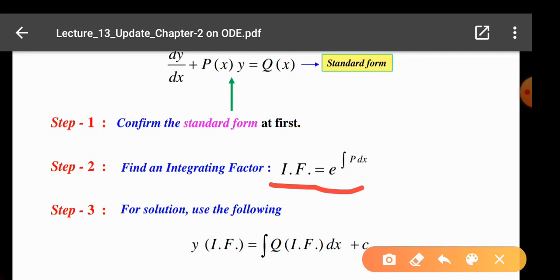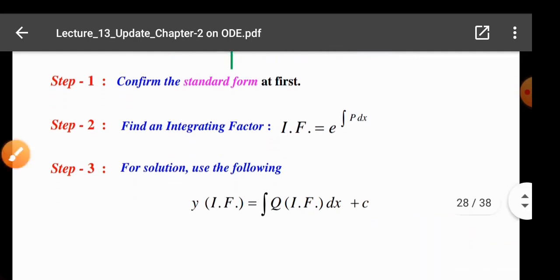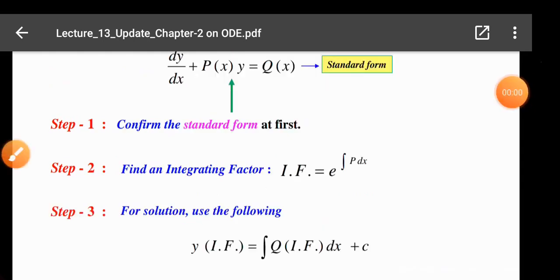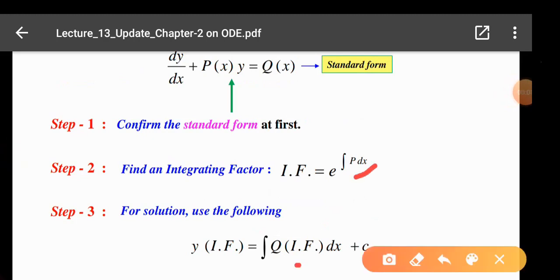After finding the integrating factor, we can directly find the solution, and the solution will be y times the integrating factor equals the integration of q times the integrating factor with respect to x, plus a constant c. You will find p and q from this standard form. This is how we can find the solution of a linear differential equation of first order.